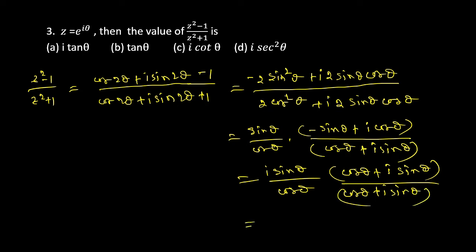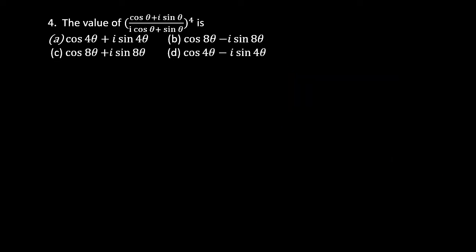So we get i tan theta. Okay, so the answer is option A, i tan theta. Next problem. We have to find the value of ((cos theta + i sin theta)/(i cos theta + sin theta)) to the power 4.